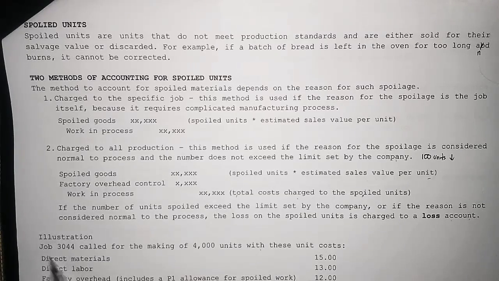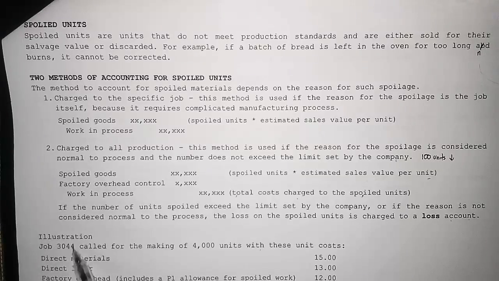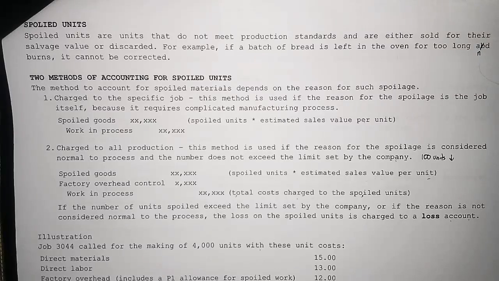So, yung Job 3044 ay nakapaloob doon yung paggawa ng 4,000 units at ang cost ng direct materials, direct labor, and factory overhead ay 15 sa materials, 13 sa direct labor, and 12 sa factory overhead. So, total unit cost per unit ng Job 3044 is 40 pesos per unit.